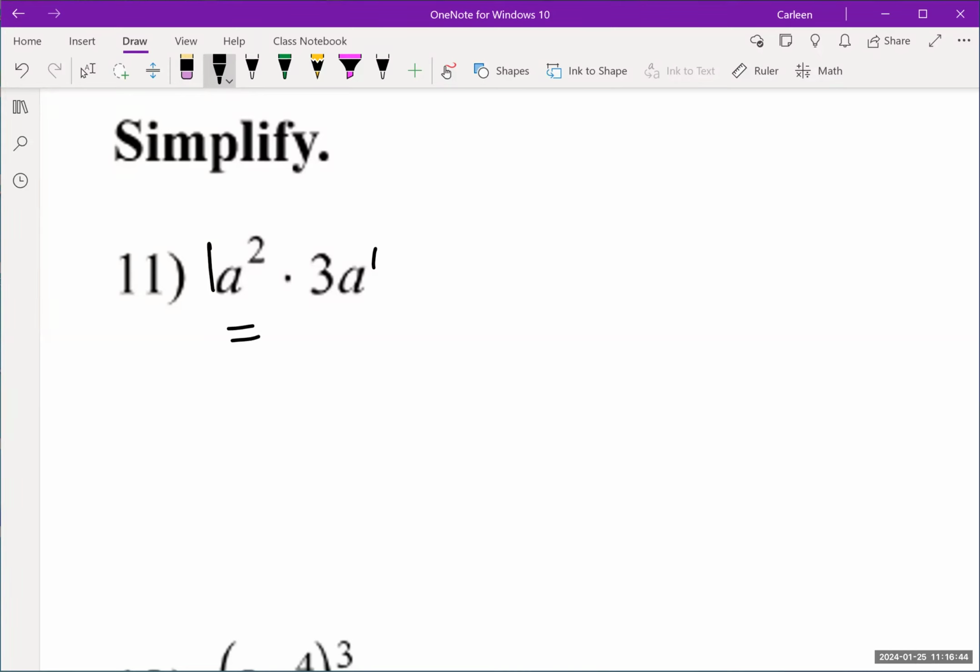Yeah, when you type it in for an exponent, you can type this. So 7a to the fifth would be 7a to the fifth. Okay, Zoomers. 1a squared times 3a to the first. Okay, we have an answer.